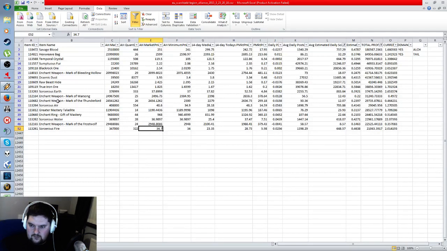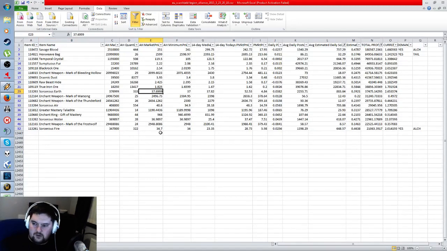It was actually less than that earlier on. It was down about 27 gold. So I bought 40 Sorcerer's Fire at 27 gold. And I used my alchemy, and I managed to transmute those to Sorcerer's Earth.